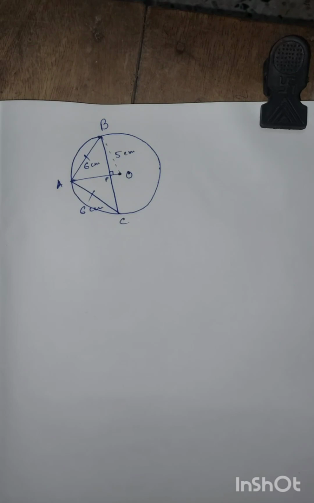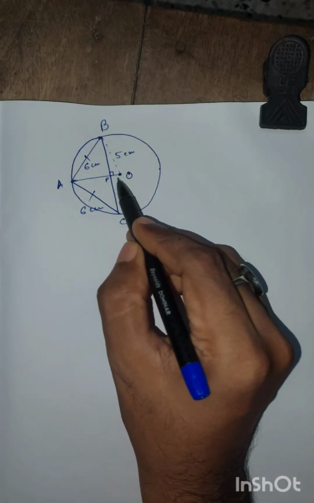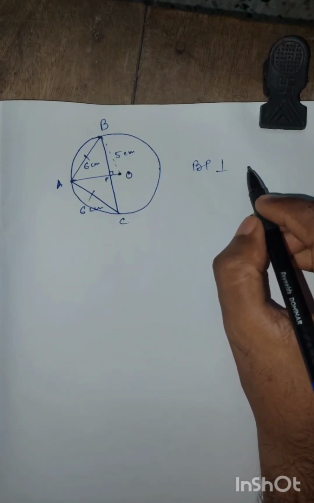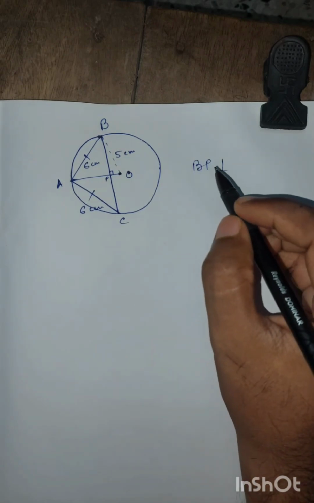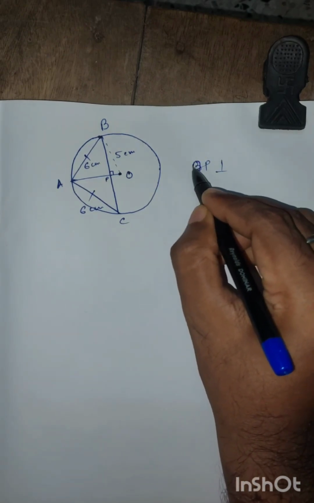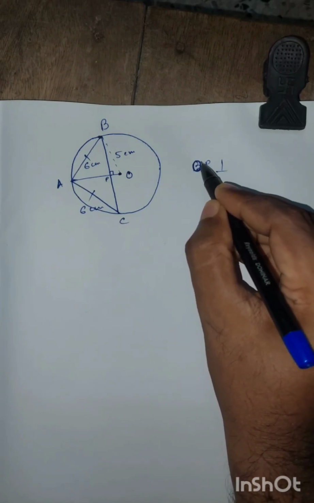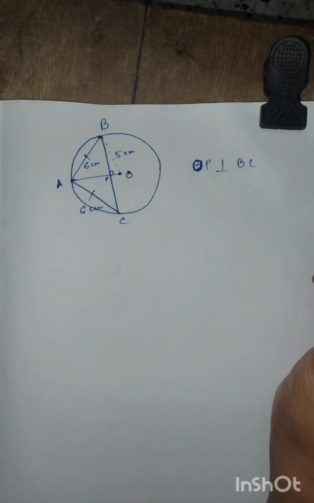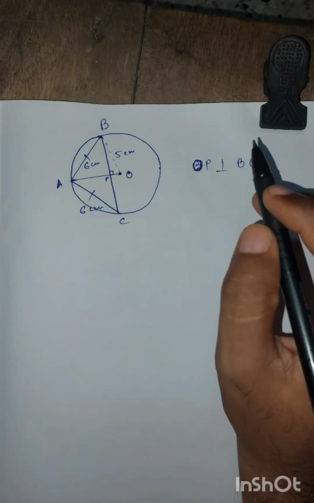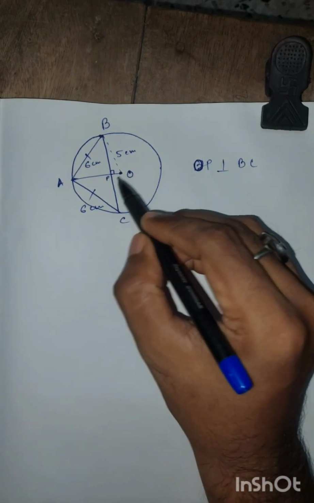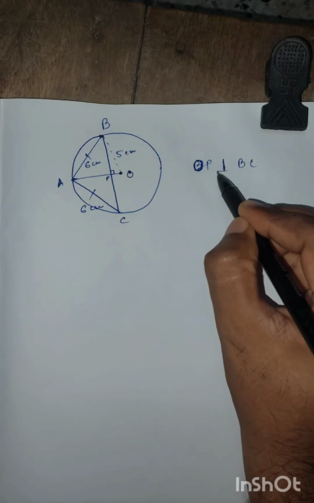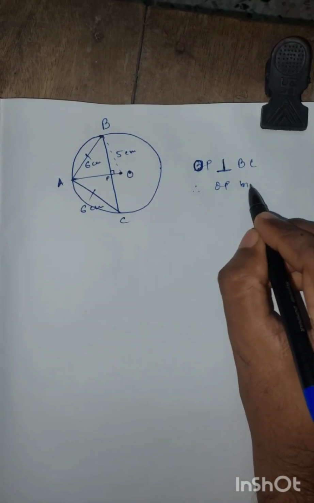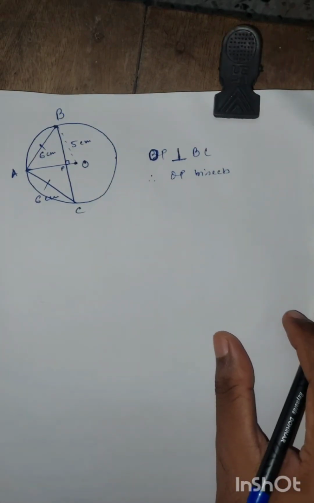Now let us draw a perpendicular, sorry, OP is a perpendicular on BC. Therefore, OP bisects BC.